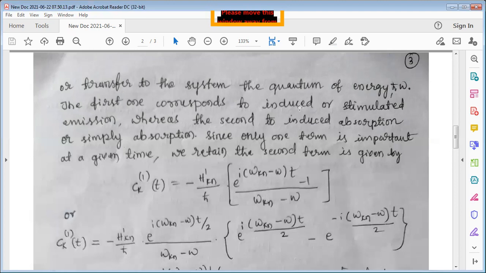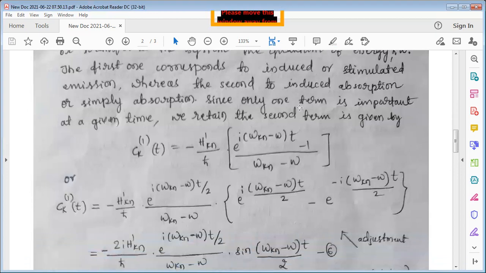So this process is called the induced absorption process, or simply the absorption process. Since only one term is important at a given time, we retain the second term, the induced absorption term, and it is given by.